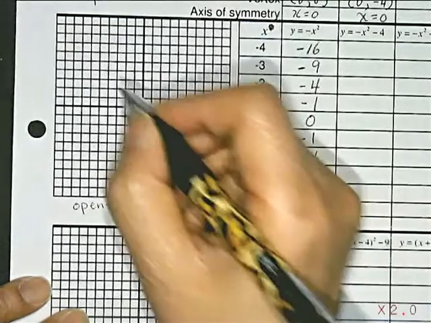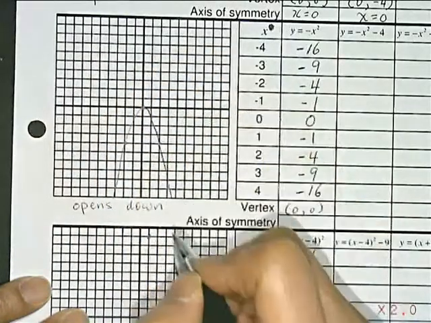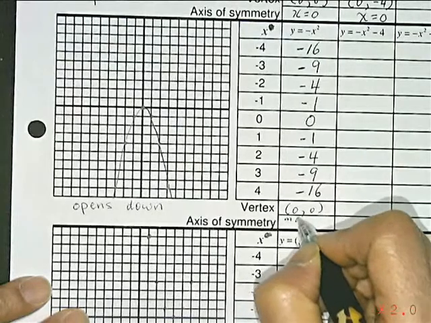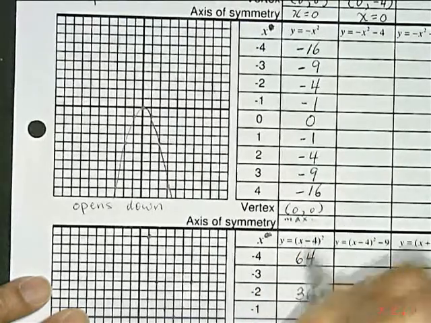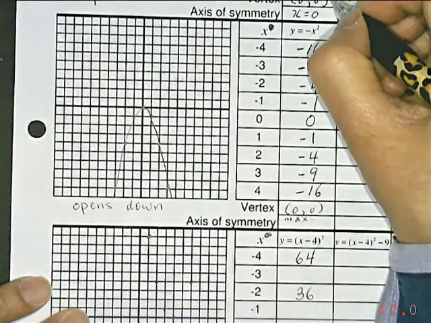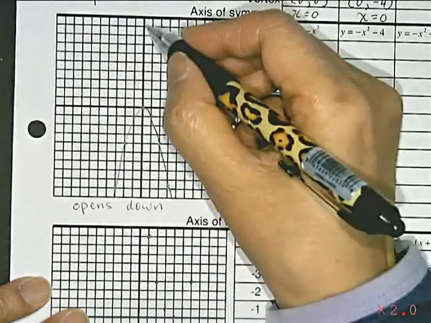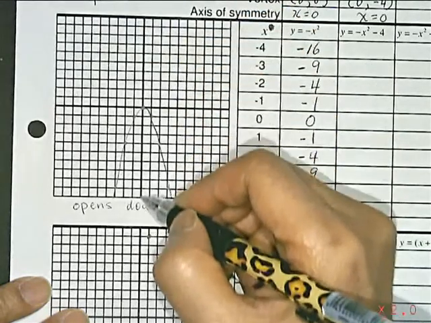So I could just show that this is a maximum. Whereas up here, this one was a minimum point. In fact, all of these are minimum points. And these are going to be all maximums. You'll see that as you graph. The axis of symmetry, again, my fold line, is x equals 0.